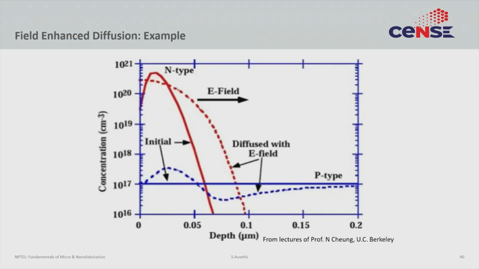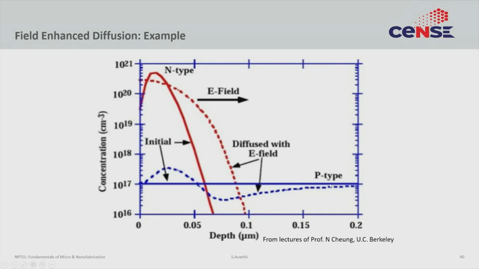So, here is an example of field enhanced diffusion. This is a profile. This is a p-type material. So, you started with the p-type wafer and then you diffused an n-type material in it. But because of field enhanced diffusion, you actually changed your profile.